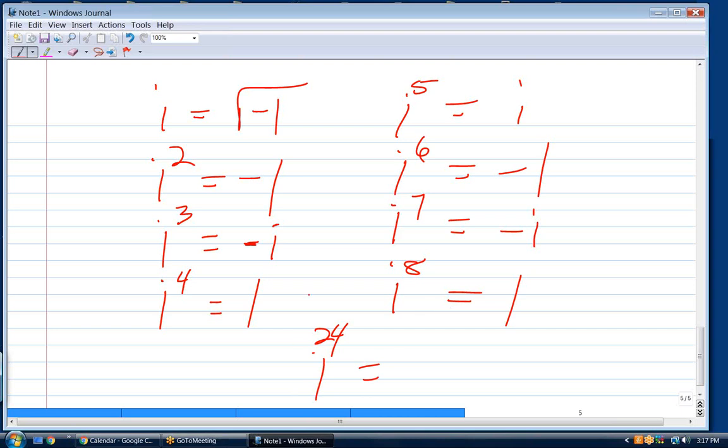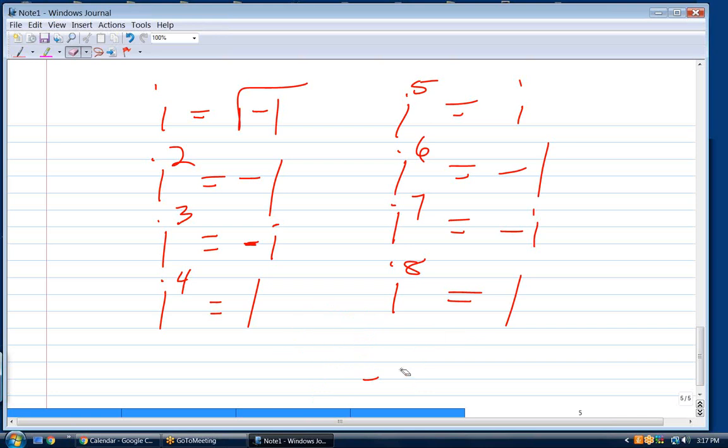Correct. What's i to the 26th? Negative 1. Correct. In other words, you divide the exponent by 4, and whatever remainder you have, that's the exponent of i. It's the same as i squared.